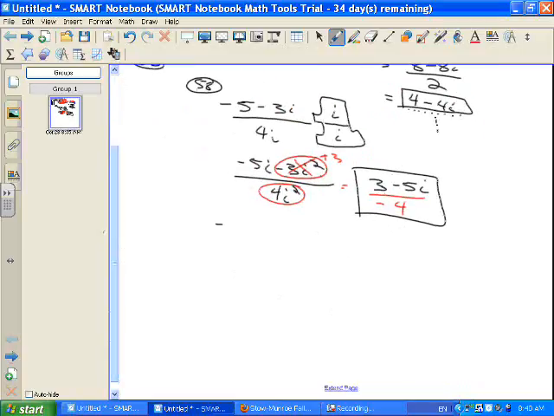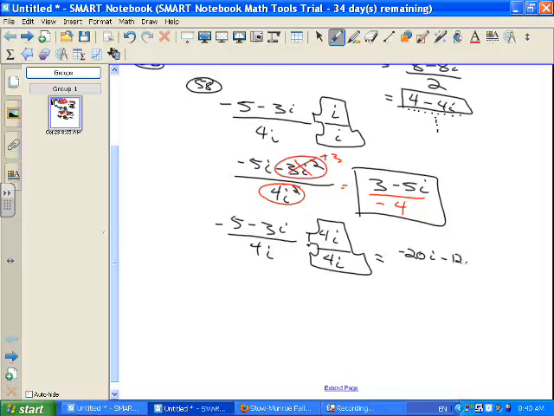Right? If I would have done this one, multiplied by 4i over 4i, that's still a 1. But it's a little bit more of a 1 than I need. But it still works. So if I multiply here, I'm going to get negative 20i minus 12i squared all over 16i squared.